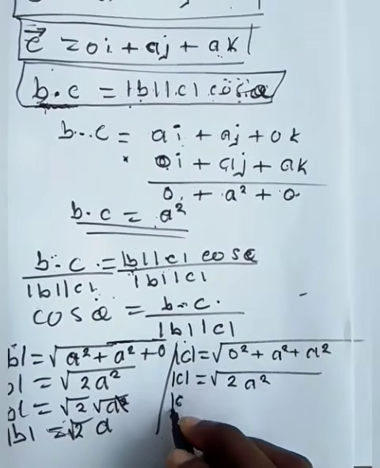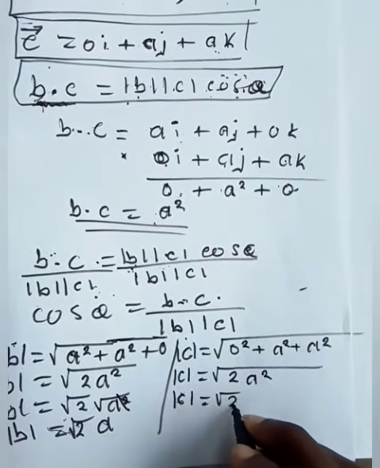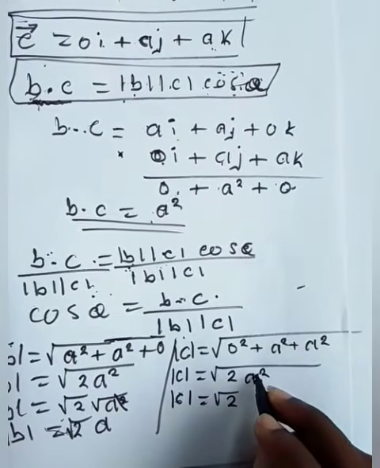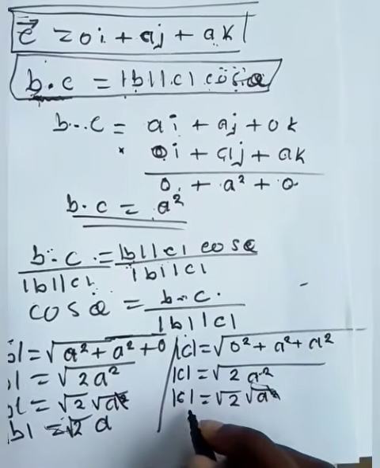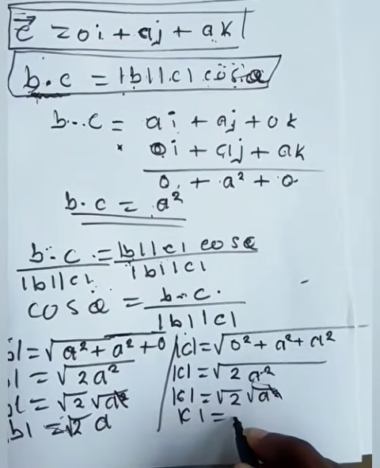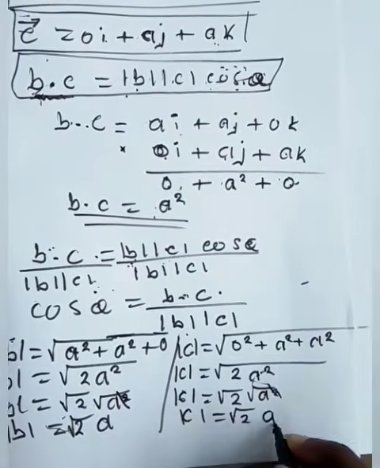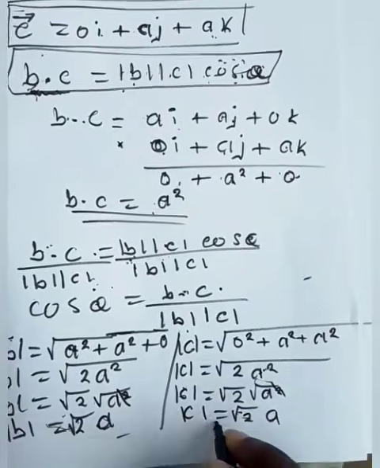So this is going to be square root of 2a power 2. Remember this, okay, we can also write this as, the square root is going to cancel the power 2, we are going to remain with square root of 2a. So they are just the same, they are having the same magnitude.